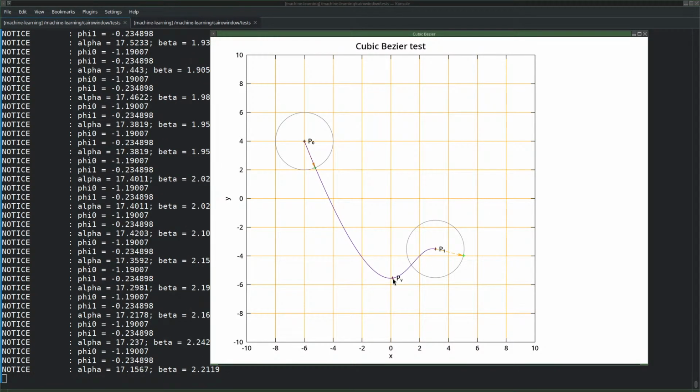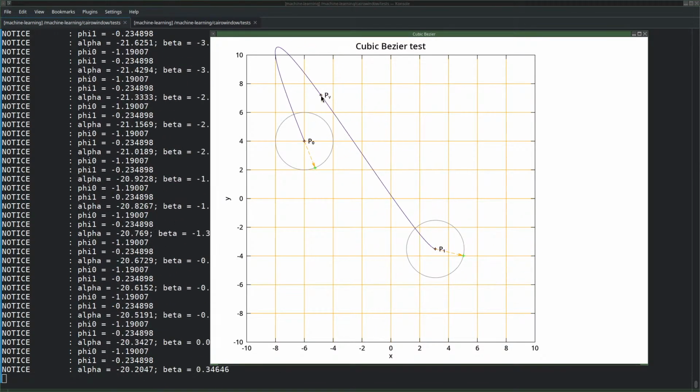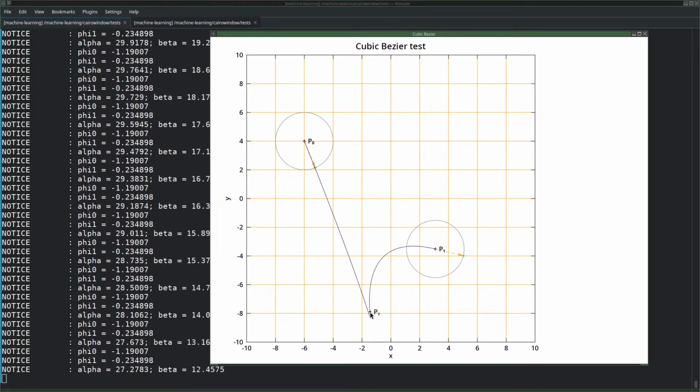See, so we go like this, now the curvature here becomes infinite. Makes a kink. And then if we move it further, it just goes in the opposite direction from this direction, but it still goes through P gamma, so this is better. This is much better.